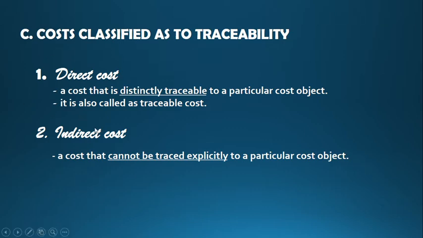Si indirect cost naman, ito yung costs na cannot be traced explicitly to a particular cost object. So yung dalawang ito ay mga self-explanatory na at na-discuss ko na yata ito noong live discussion natin. So we first discuss direct cost.